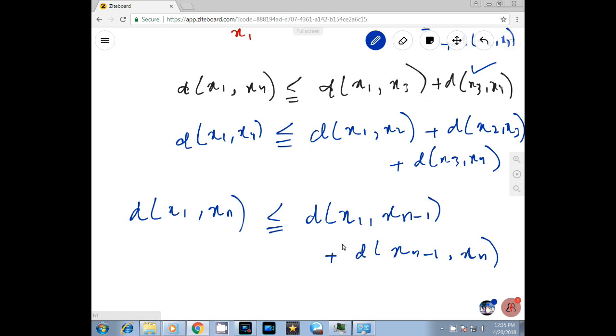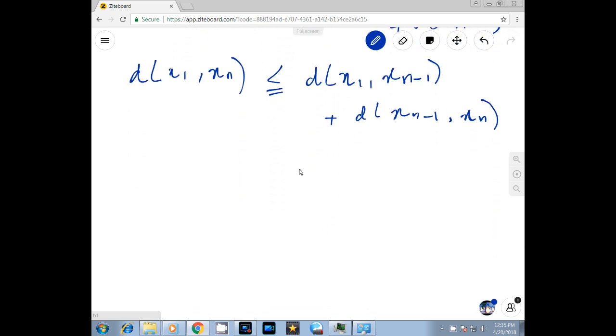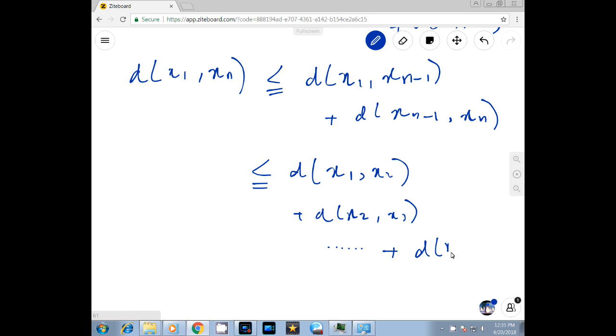You have to form another triangle, apply the distance property there, and proceed further so that you will get this to be less than or equal to d of x1 x2 plus d of x2 x3 and so on, up to the final term d of xn minus 1 and xn.